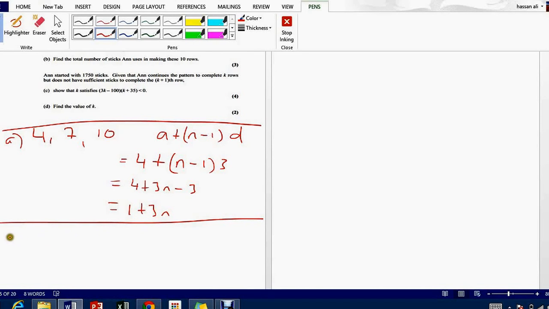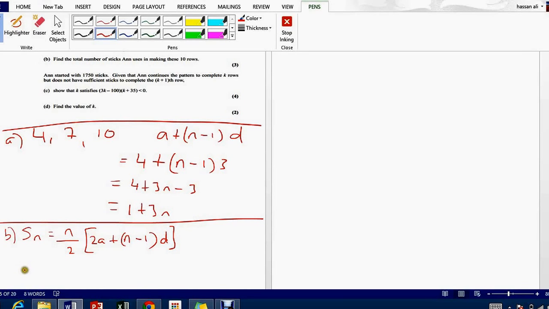Part B now is asking you to find the total number of sticks used in making these 10 rows. Again, it's another formula that you should be familiar with: n over 2, then 2a plus n minus 1 times your difference.